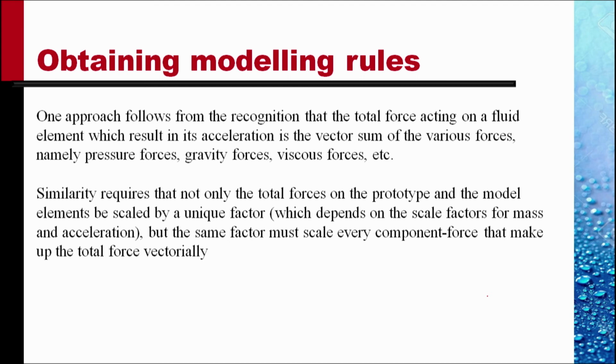Similarity requires that not only the total forces on the prototype and the model be scaled by a unique scale factor, which depends on the scale factors for mass and acceleration, but the same scale factor must scale every component force that makes up the total force vectorially.